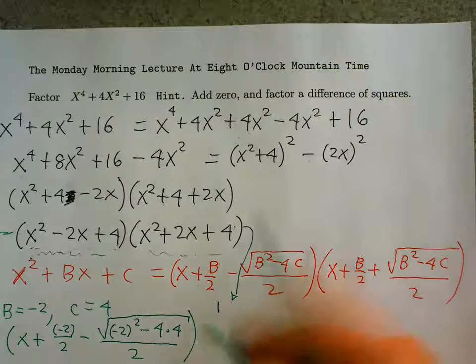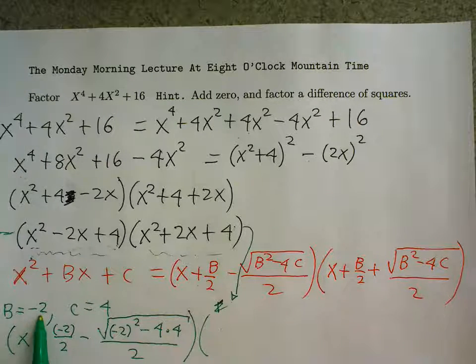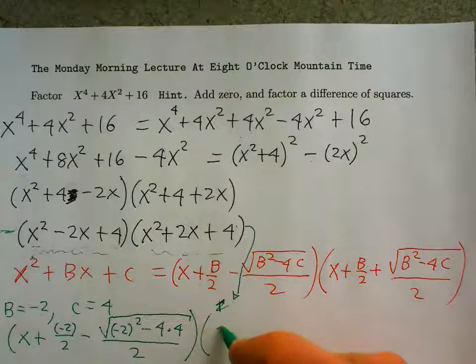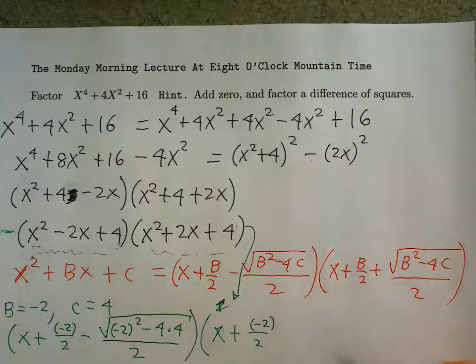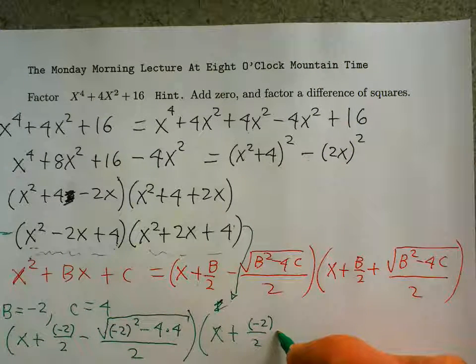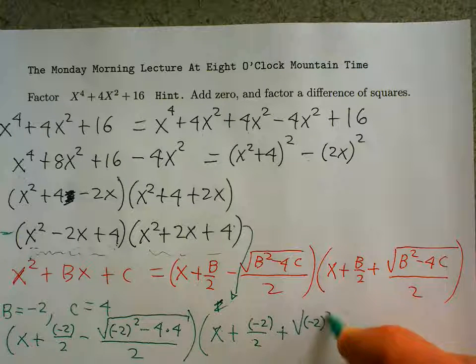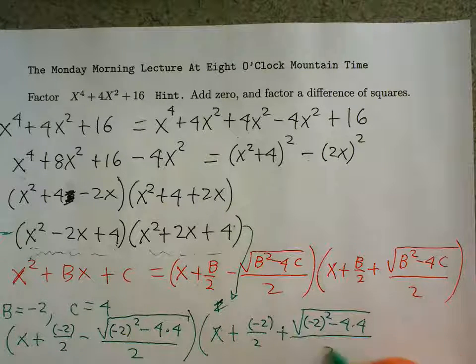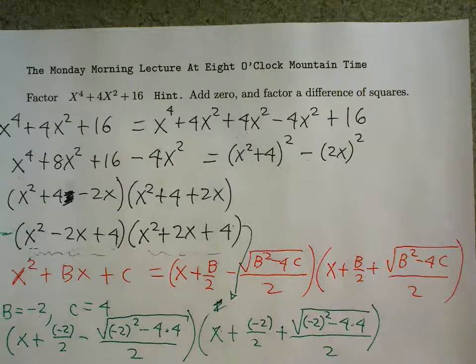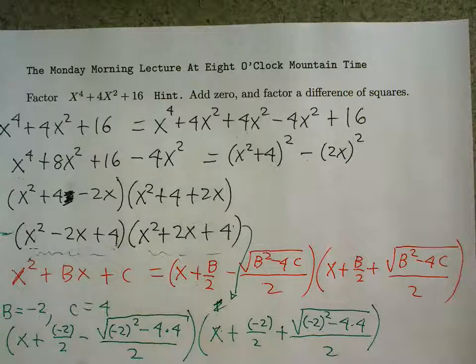So this second factor is still using b equals negative 2 and c equals 4: x plus negative 2 over 2, and then this time plus the square root of negative 2 squared minus 4 times 4, all over 2. So these are just the two factors of x squared minus 2x plus 4. So let's simplify this product first.